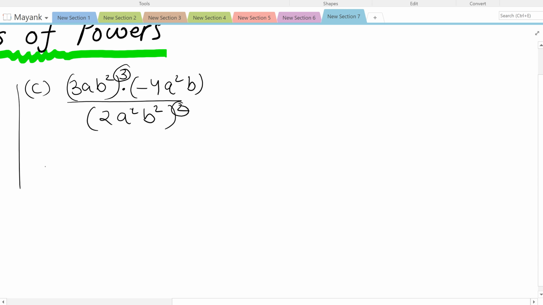Times 3. So we do this power. We distribute this power on all those numbers. So 27, and 6 A there, and then bracket -4. That's just the same thing, because there's nothing there, that means the power is 1.